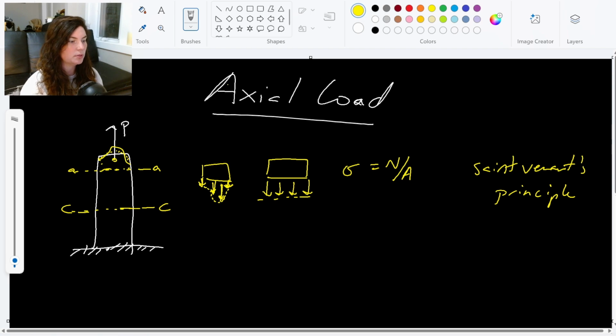Saint-Venant's principle says that when you have these two loads, as long as you're a sufficient distance away, then your equations become valid again. So the common equations, stress and strain.